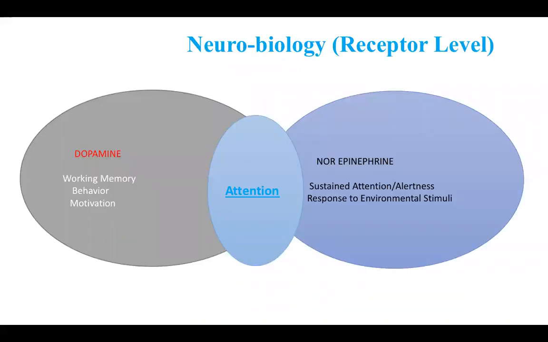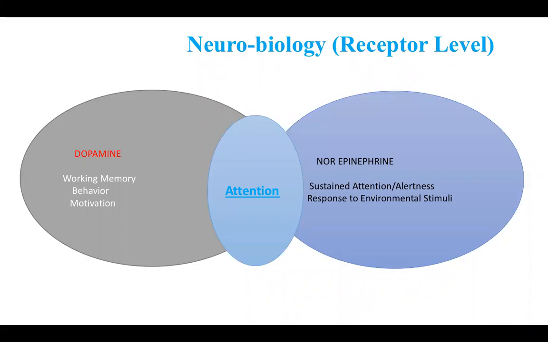So coming to the neurobiology, we know that there is an acronym known as DOSE. This acronym is for the happy hormones which exist in our body. These four hormones should be maintained at an optimal level for our optimum mood and alertness or attention.